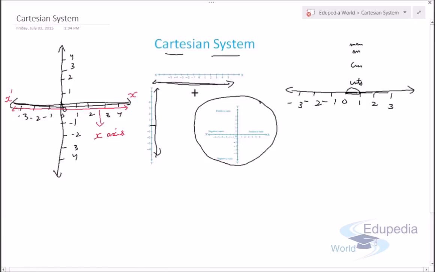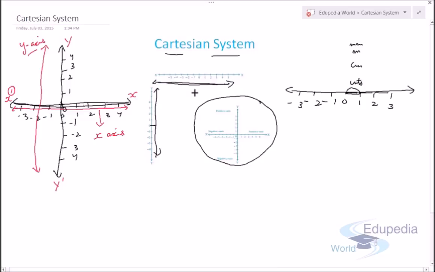The negative part of a Cartesian system is always represented by a dash or complement, so this part will be y dash and this will be y, and this complete line from here to here is known as the y-axis. So this completes the Cartesian system.